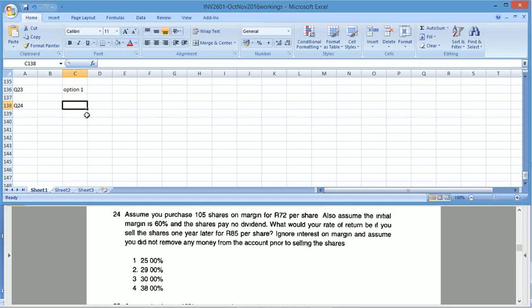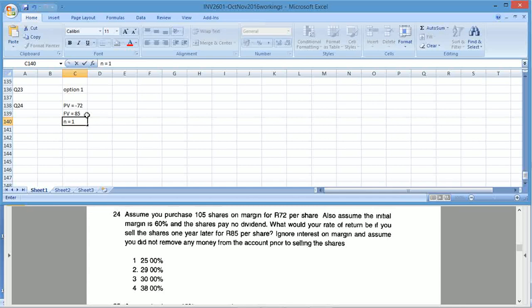Okay, so assume you buy 105 shares on a margin for 72 Rand a share. So present value I buy -72. Also assume the initial margin is 60% and the shares pay no dividend. What would your rate of return be if you sell the shares 1 year later for 85 Rand a share? So FV equals 85, and it's looking at 1 year later.